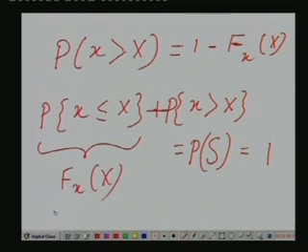So this is equal to 1 minus F_X(x). Actually these two are mutually complementary: the probability distribution function for a particular number capital X, and the probability that the random variable takes values higher than capital X.